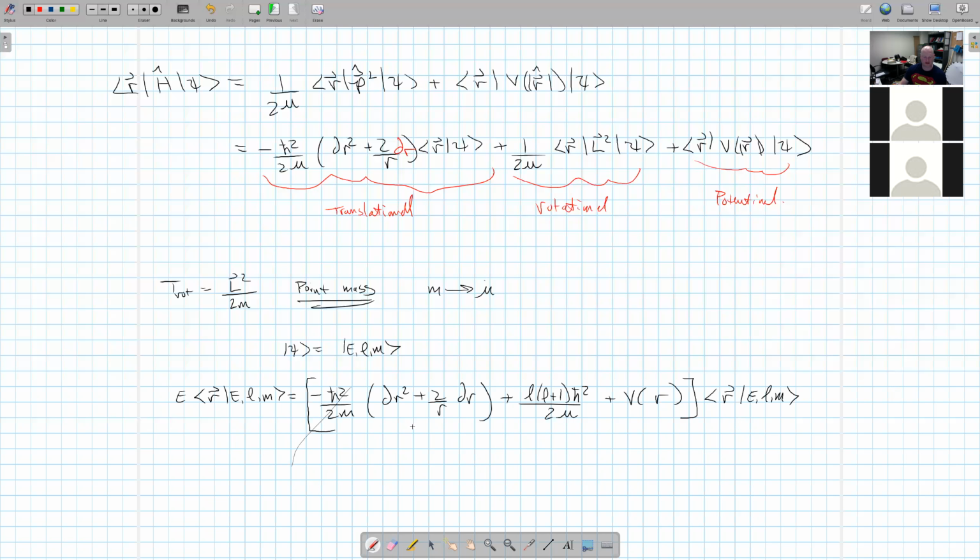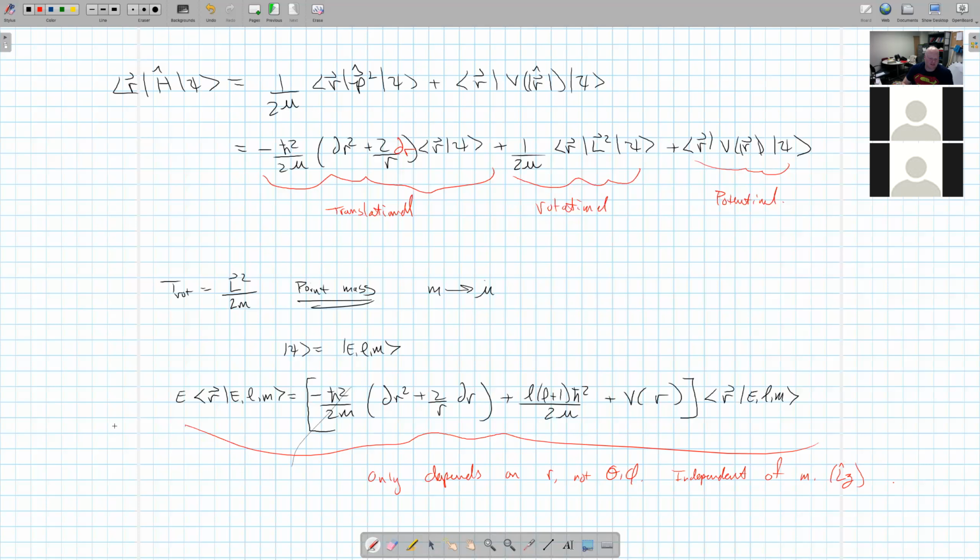The other thing we can see from here is that since R is rotationally invariant, and everything else here doesn't depend on rotation either, this entire thing only depends on R, not theta and phi. It's also independent of M. Remember, M is the portion which goes with L z.